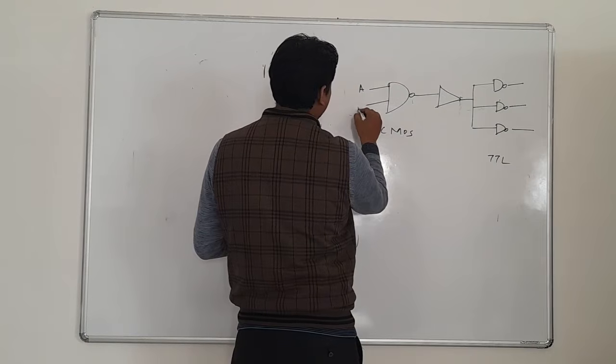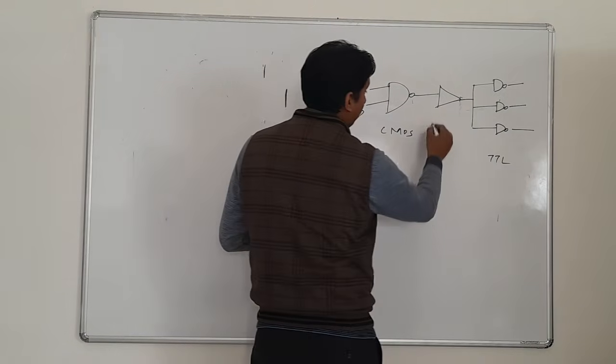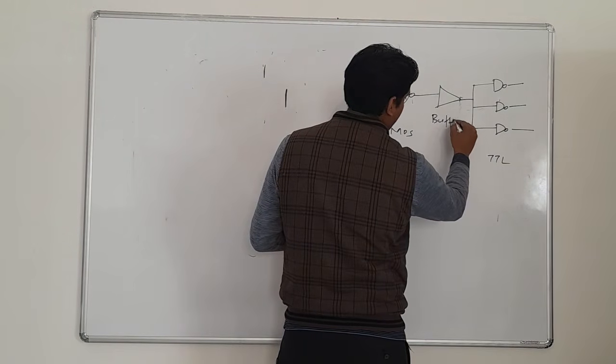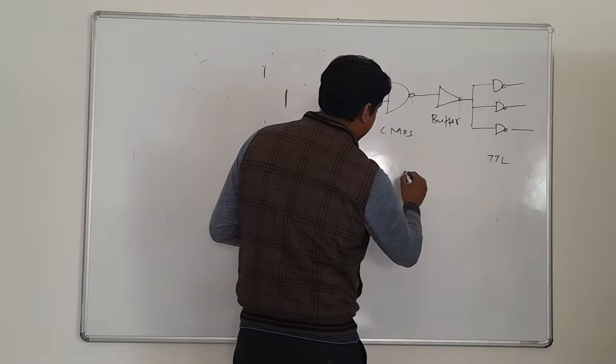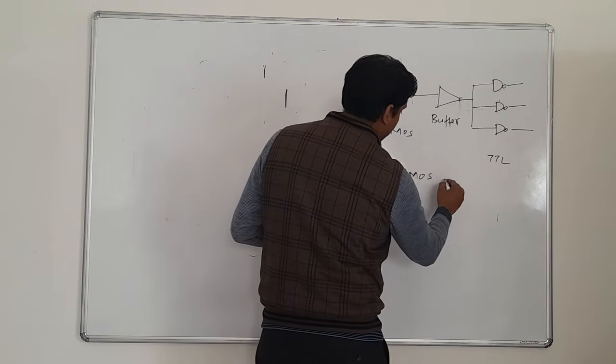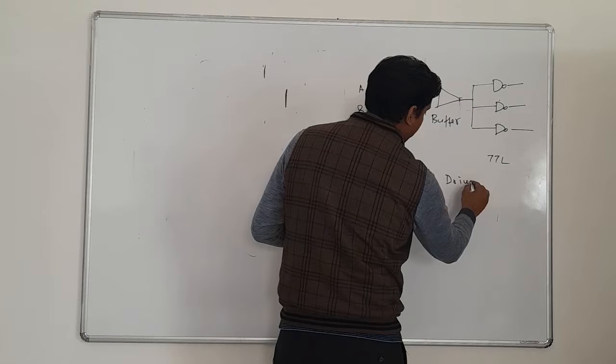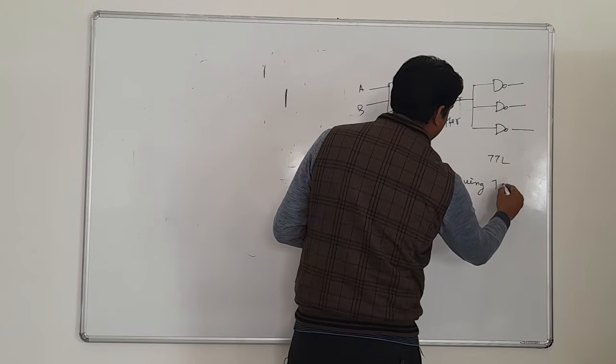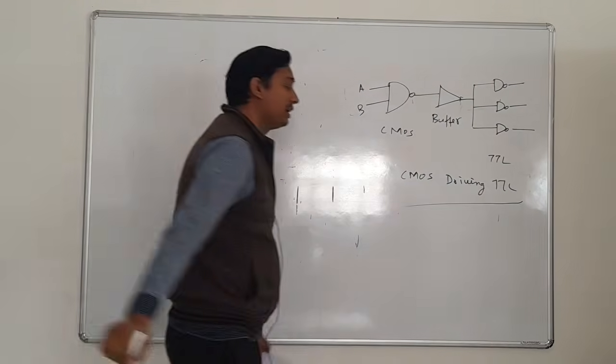This is input A, this is input B. Again there is a buffer and this is CMOS driving TTL. This is CMOS driving TTL.